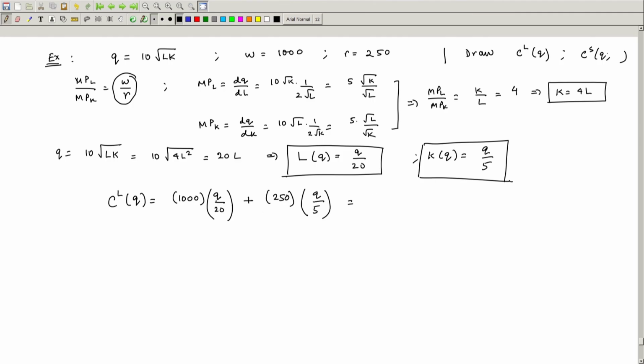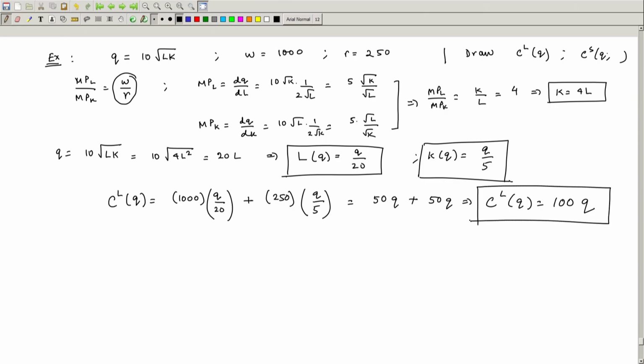That gives me 50 times Q plus 50 times Q, which gives me 100Q. So, this is my long run cost function, and notice this long run cost function is linear in output. If I wanted to draw the long run cost function, it is going to be a straight line with a slope equal to 100. We will draw the long run cost curve in a few minutes. So, this is about the long run.